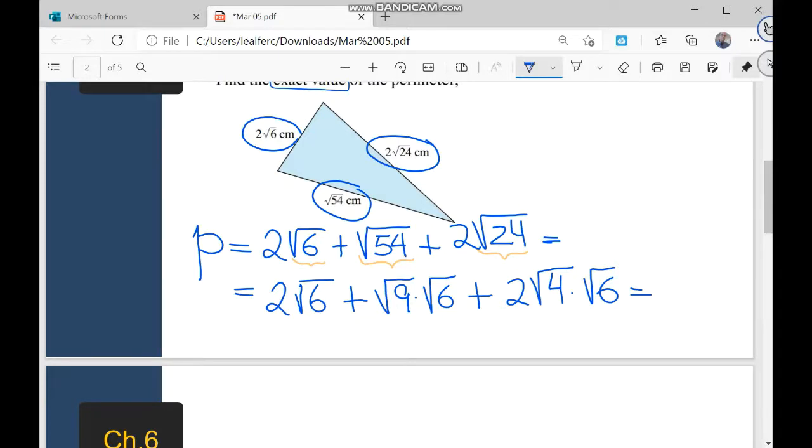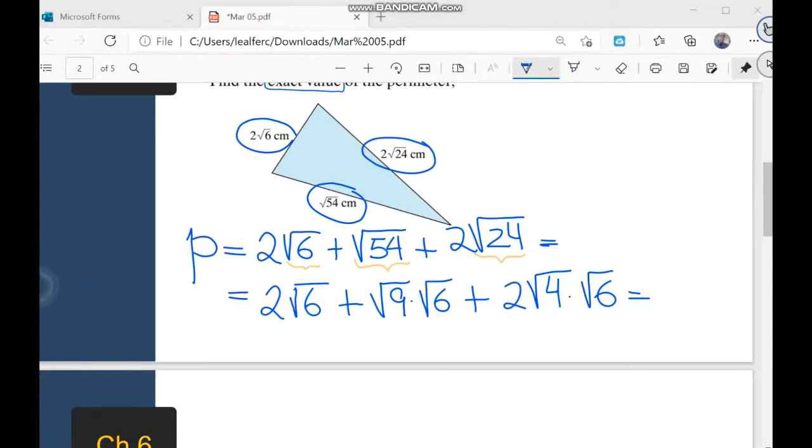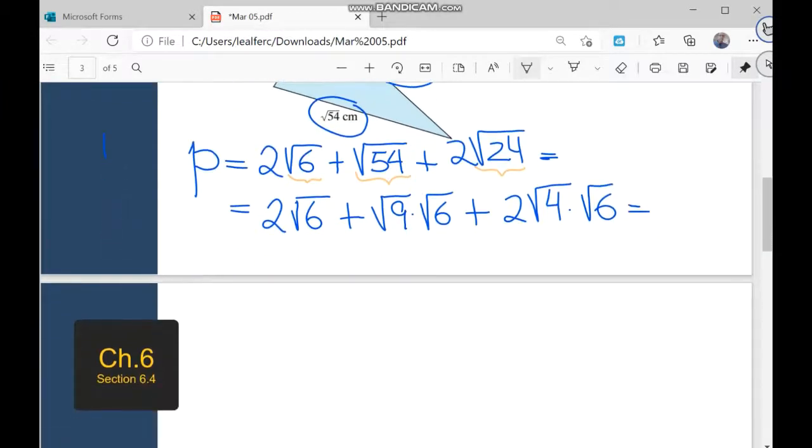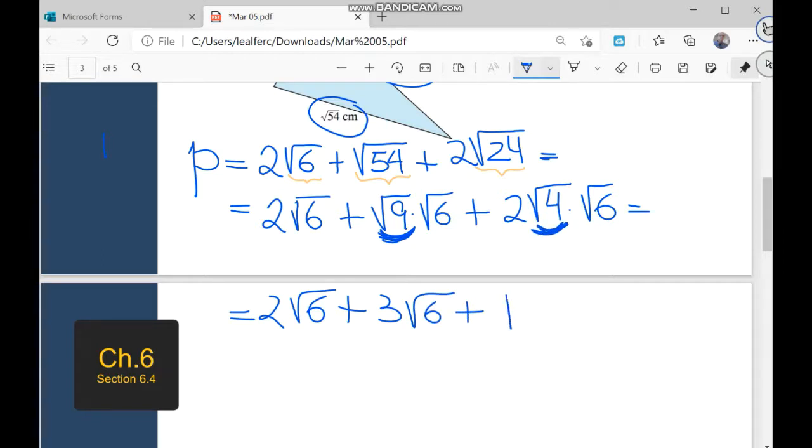Now let's work at the bottom. Two times the square root of 6 we keep, plus, what's the square root of 9? 3, right? Square root of 6, plus, what's the square root of 4? 2, right? 2 times 2, 4.